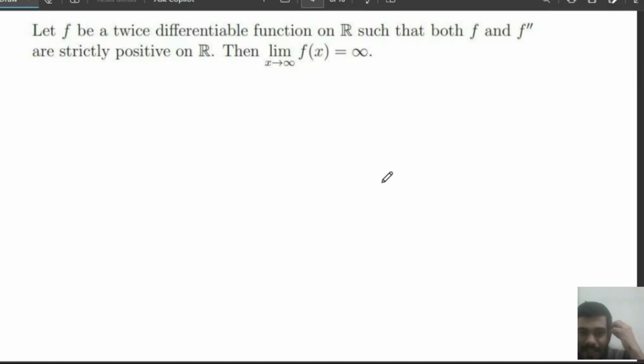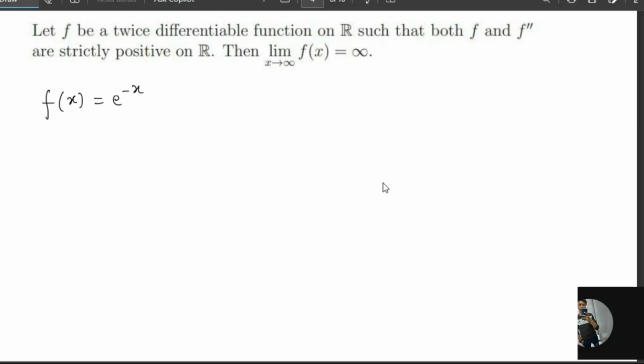But the problem with e to the power x is that the limit as x goes to infinity of e to the power x is infinity, right? Can you modify it a little? e to the power minus x. Very nice.